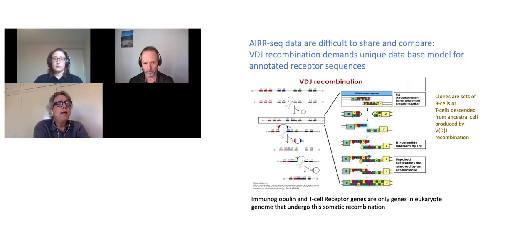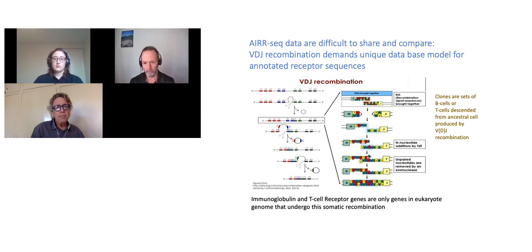Also, these data are highly unique, and this allows me to introduce a little bit of the peculiarities of the adaptive immune system. When we're talking about B cell and T cell receptor repertoires and why they're so diverse, we have to bring in VDJ recombination, which is the first step in producing these diverse repertoires.